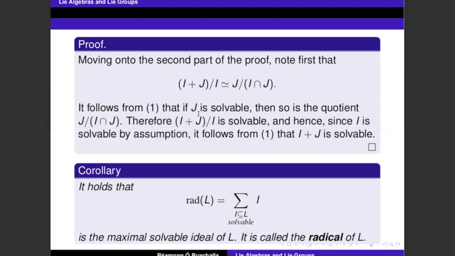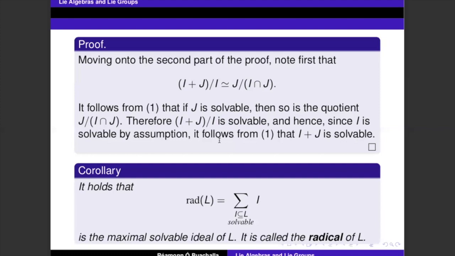So we know that I and the quotient space are solvable, hence going the other direction in part one, we can conclude that I plus J is actually solvable. And there we are. When we have two ideals and we take their sum, not the direct sum, then it is solvable. So that's a great way of constructing solvable ideals from solvable ideals, just taking their sum.